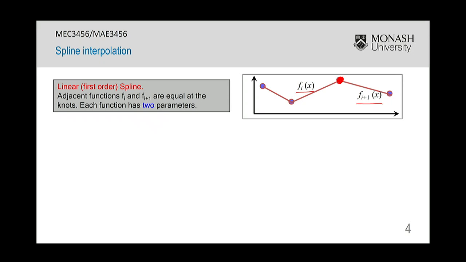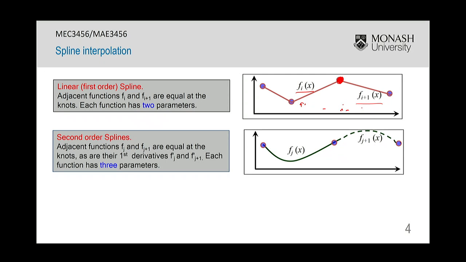The derivatives are quite clearly discontinuous for this particular case. Each of these functions has two parameters. So fi of x is going to look something like ai plus bi x. And for each of these functions there will be an ai and a bi.